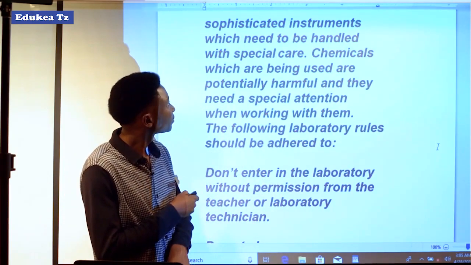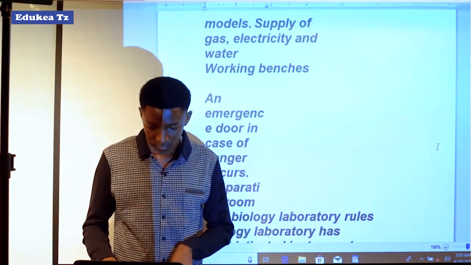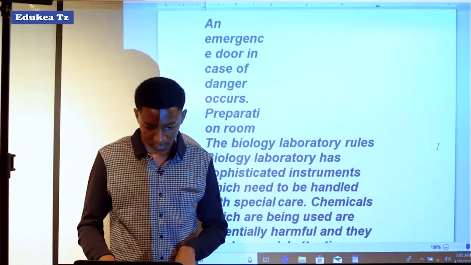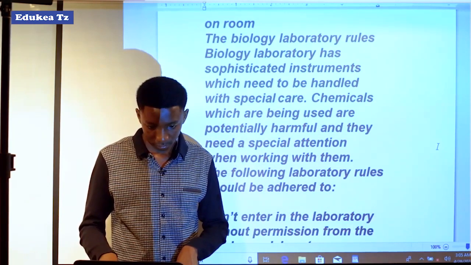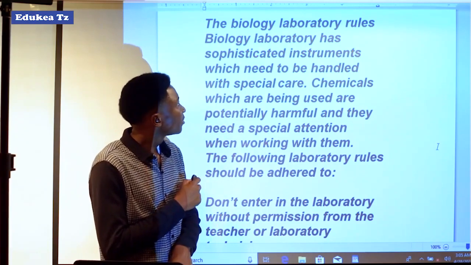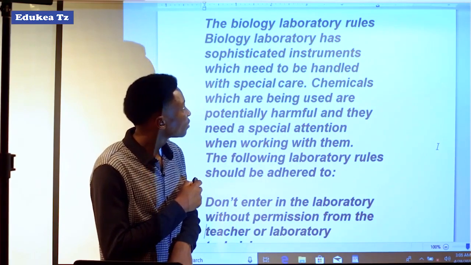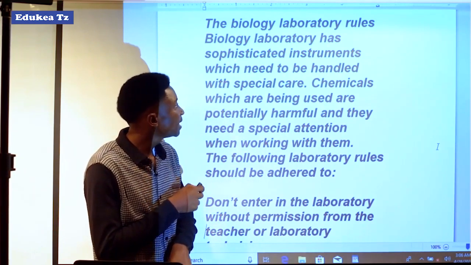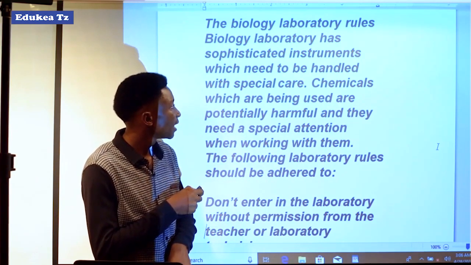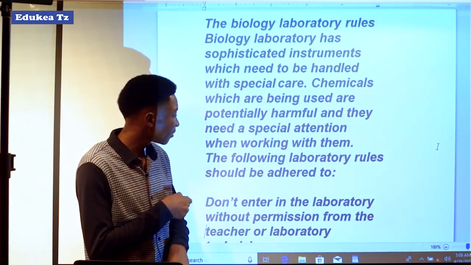The biology laboratory has sophisticated instruments which need to be handled with special care. Chemicals which are being used are potentially harmful and they need special attention when working with them.